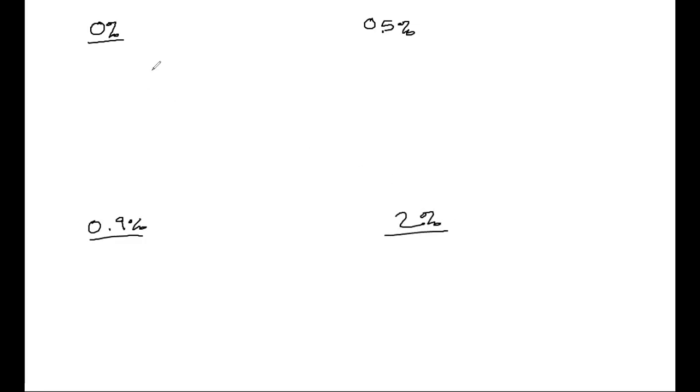Okay, so the first thing is, do we care about the particles that make up these solutions? No. This solution, the 0.5, could be all sodium chloride. It could be 0.25 of glucose and 0.25 of sodium chloride. We don't care because we're just looking at the total particle concentration.